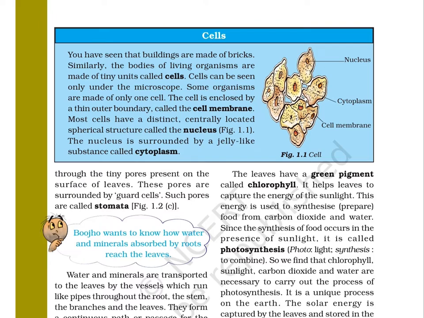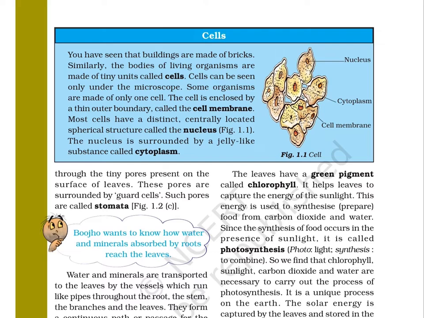The cell is enclosed by a thin outer boundary called the cell membrane. Most cells have a distinct, centrally located spherical structure called the nucleus. The nucleus is surrounded by a jelly-like substance called cytoplasm.